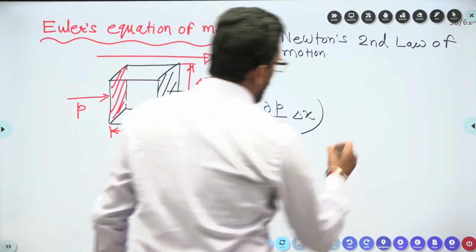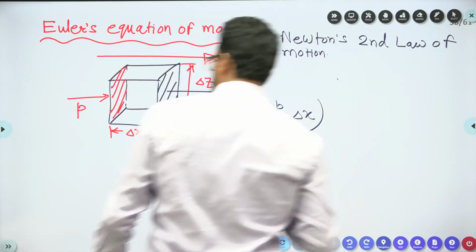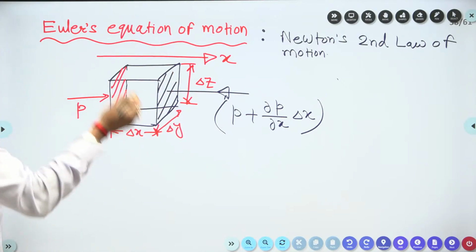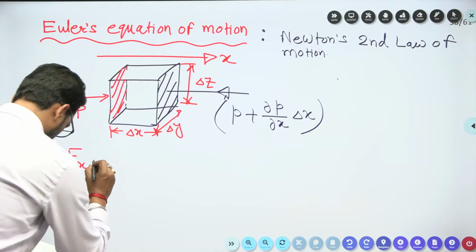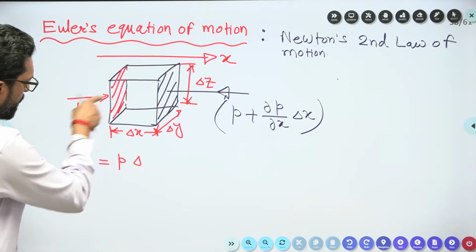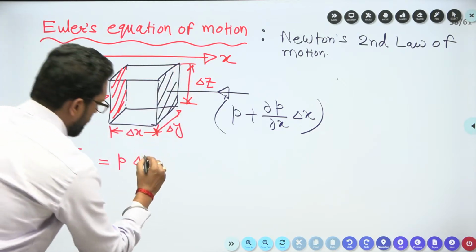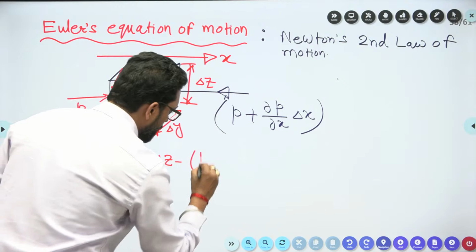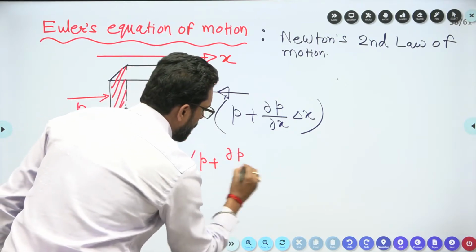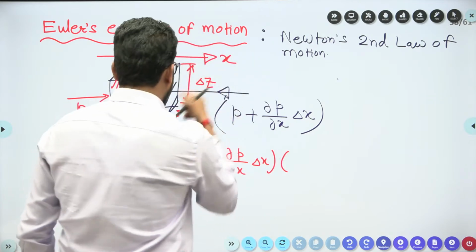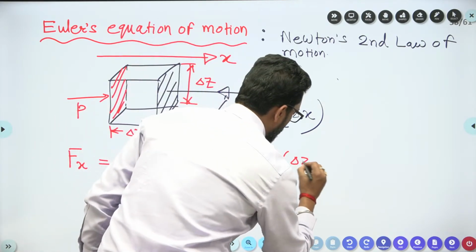So what is the force in the x direction? The net force in the x direction, Fx, is due to pressure only. P delta y delta z minus P plus dou P by dou x delta x, times delta y delta z.